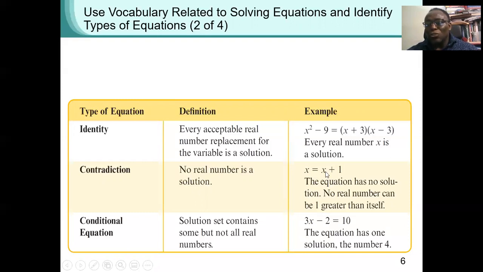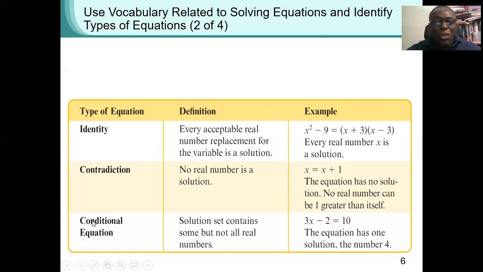So if I take the X to the left side, it will be X minus X, which will give me 0. So it's 0 equal to 1. We can't find the value of the variable. Here we can, because we can see that X squared minus 9 equals the same value on the right side. So any real number is a solution. X can be 1, can be 2, can be any real number.